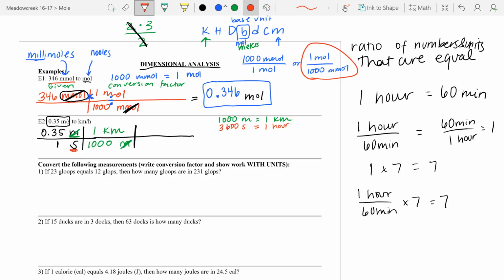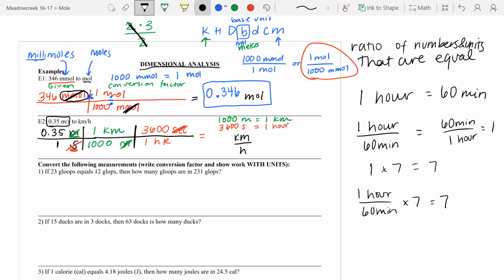Seconds are currently on the bottom, so the opposite of that would be on the top. So we're going to write our 3,600 seconds on the top and our 1 hour on the bottom, and our seconds will cancel out, and we are left with kilometers per hour, which is great.